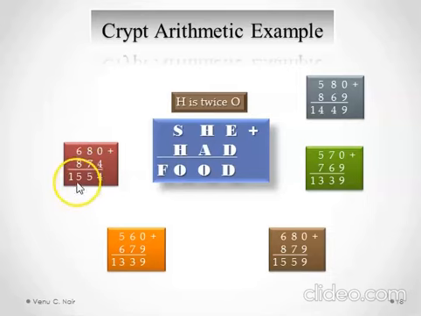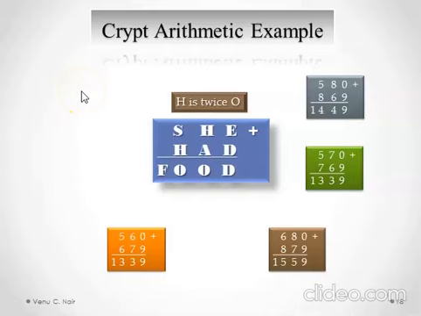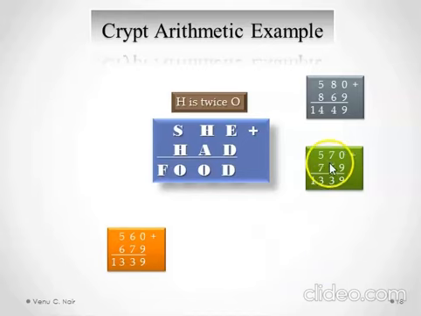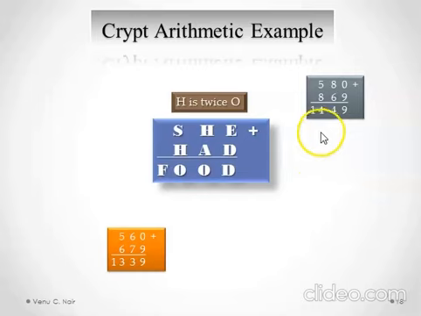What about this? Double of 5 is not 8. So this is also removed. And here, double of 3 is 6. This is okay. So this can be accepted. What about this? 5 and 8 not allowed. 3 and 7 again not allowed. 4 and 8, this is also allowed.